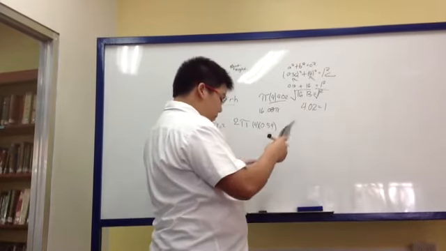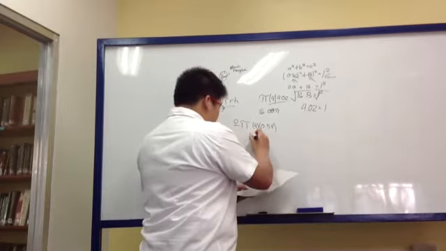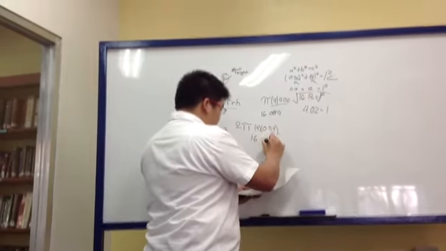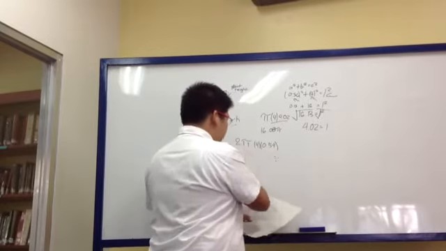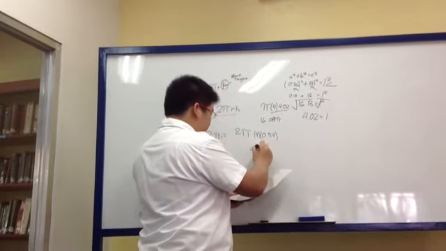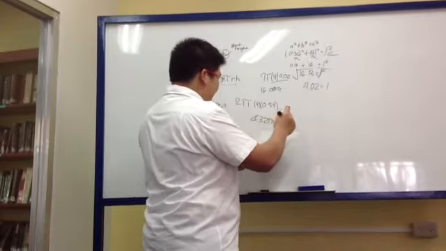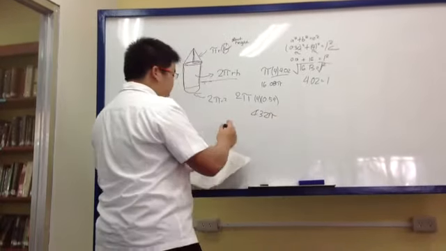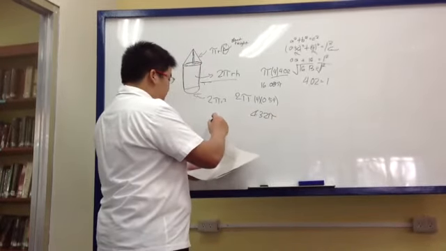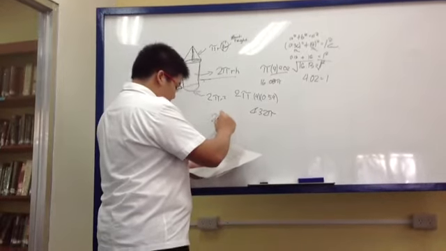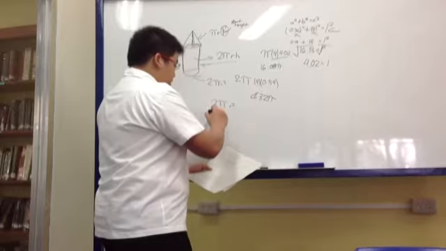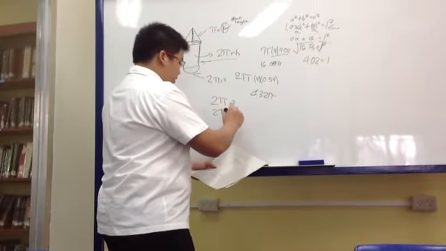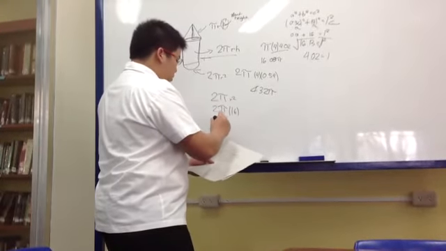That's going to be 4.32 pi. And for the last one, for the hemisphere, we're just going to multiply 2 pi r squared. It's going to be 2 pi times 16, so 32 pi.